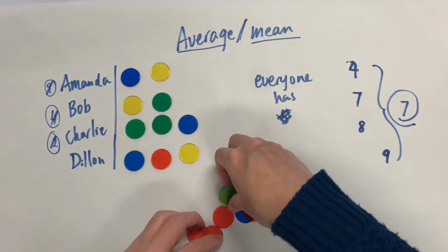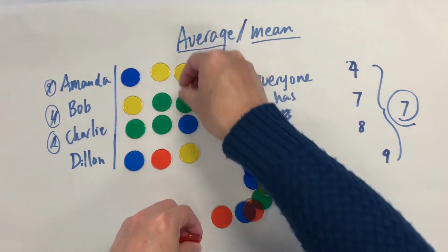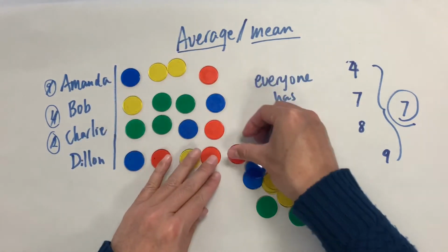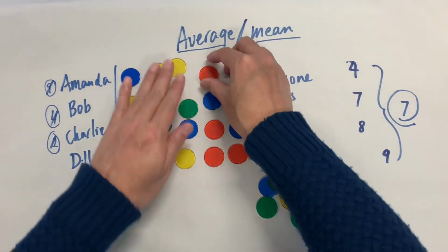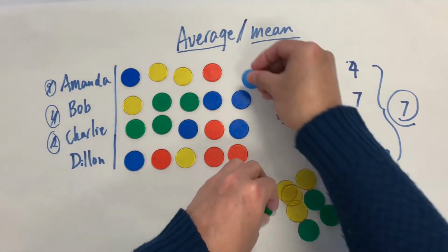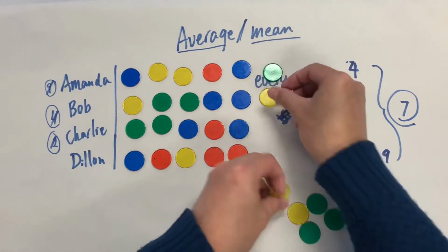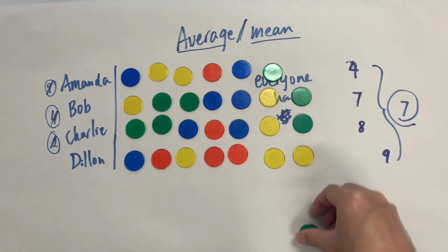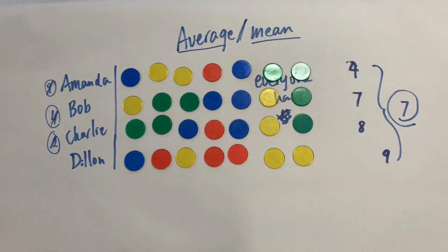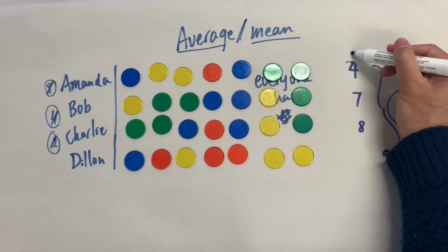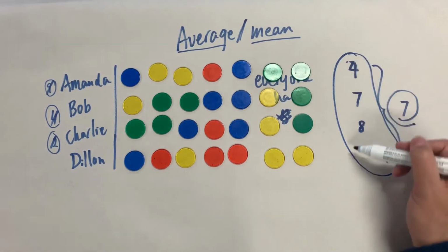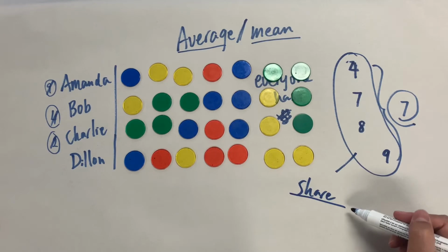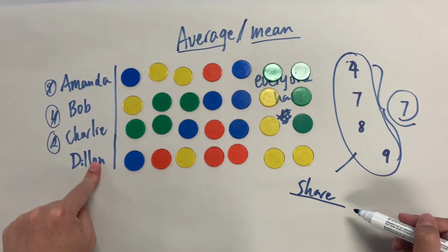So I wonder how many each can have if we have shared everything evenly. That is the whole idea. Right? Did you see what I just did? I added these all together and I shared by 4 people.